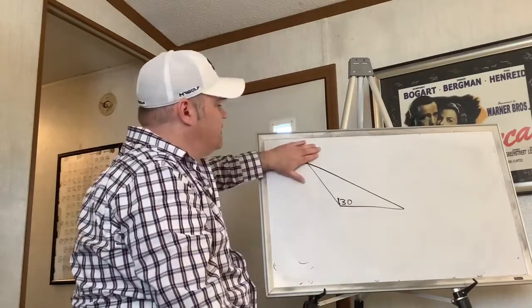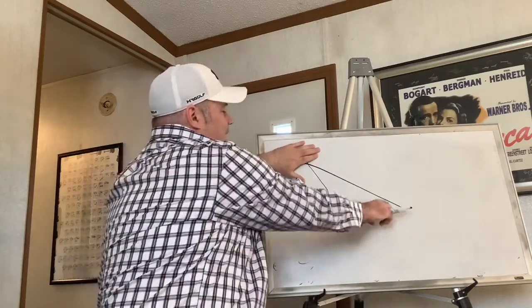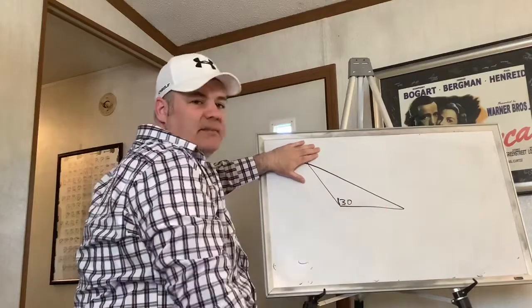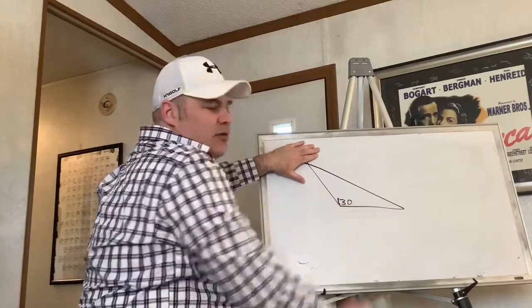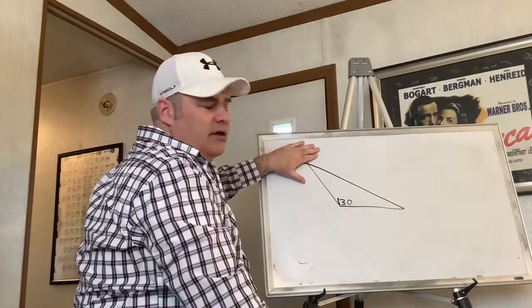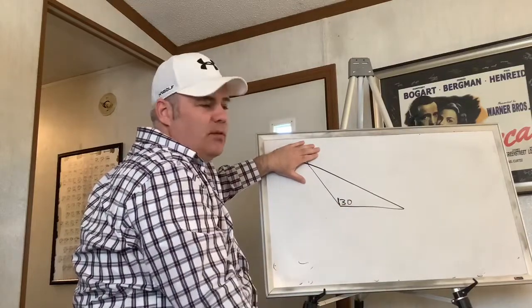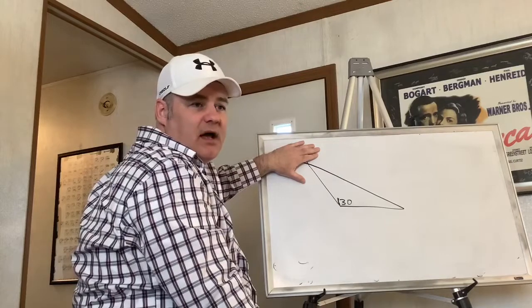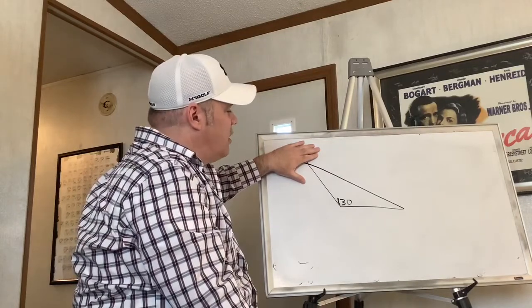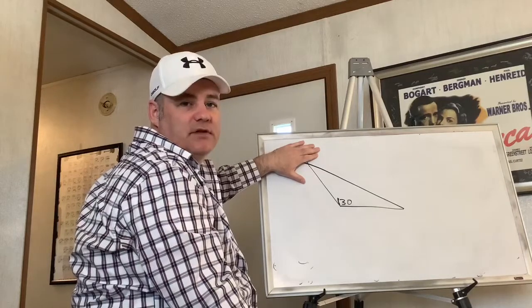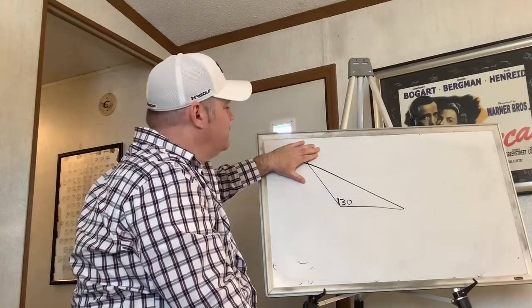Like if you didn't have this at all, you could say these 2 angles have to add up together to 50. Because I subtracted that from 180, both angles together equal 50, but I don't know if one of them's 30 and one's 20, or they're both 25. I have no idea how that 50 breaks up. And so you have to have one other thing given to you to solve exactly what it is.